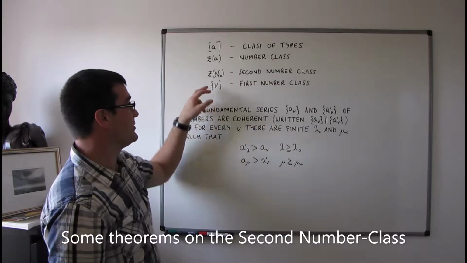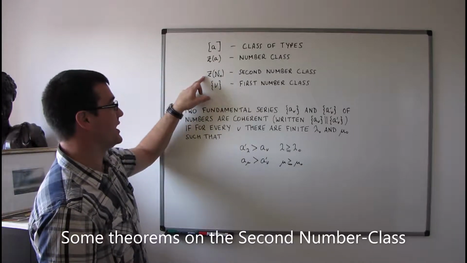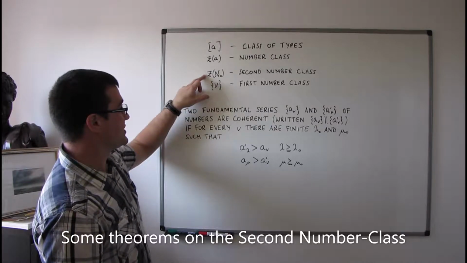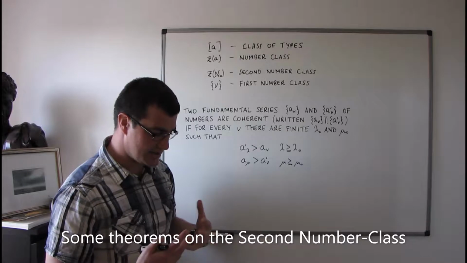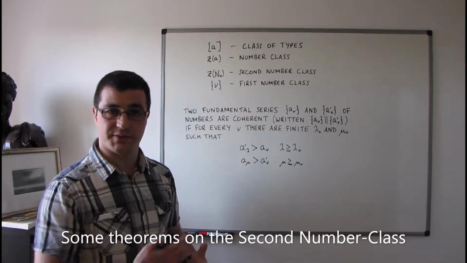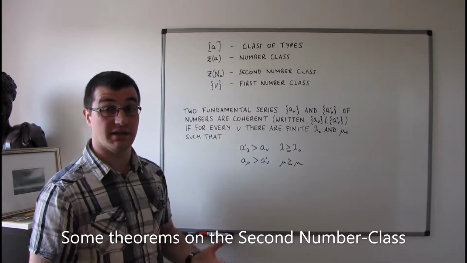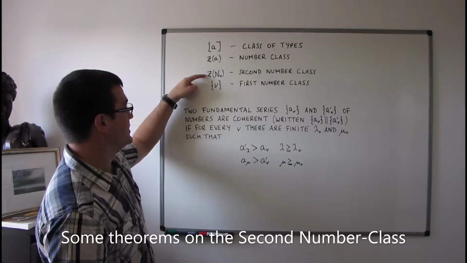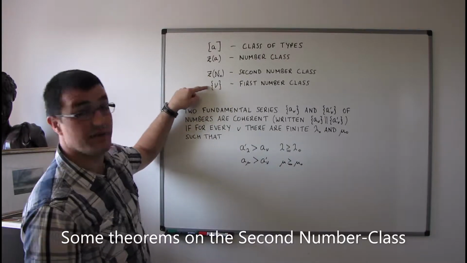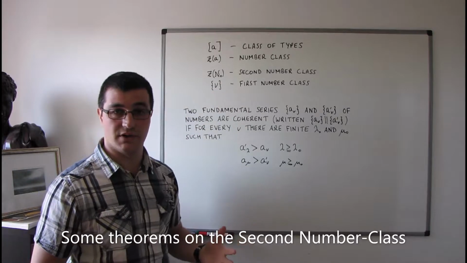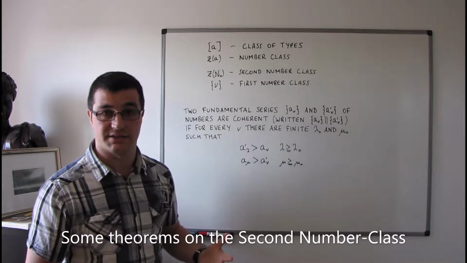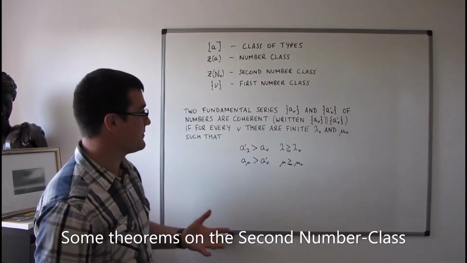In particular, we're going to be interested in what's called the second number class. The second number class is all of the ordinal types that correspond to aggregates that have a cardinality of Aleph naught. We're also going to be interested in the first number class, which is the aggregate of all of the finite ordinal numbers.